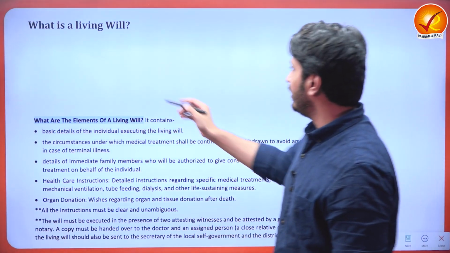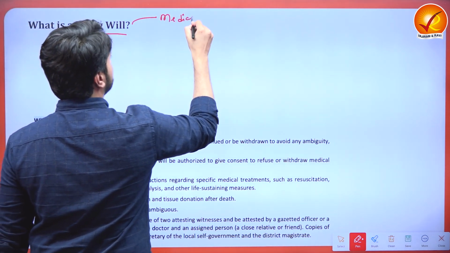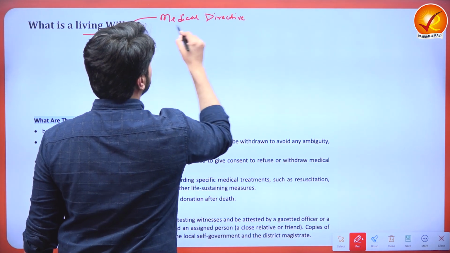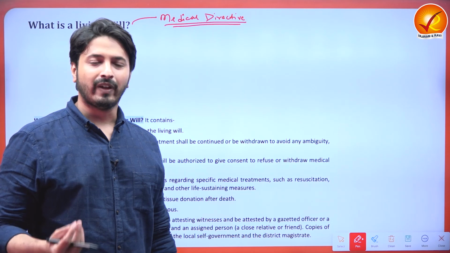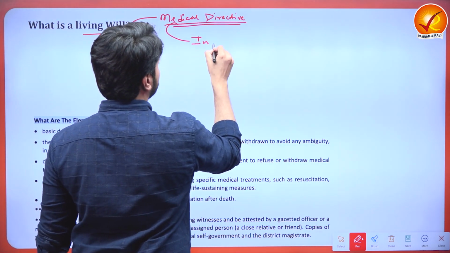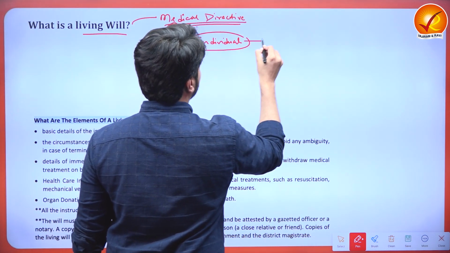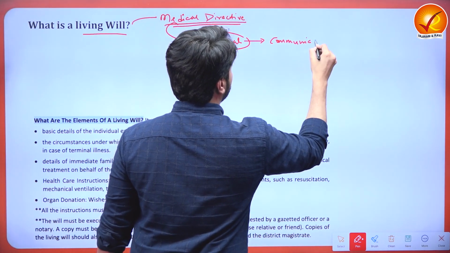So what is a living will? A living will is nothing but a medical directive, created by an individual to be followed by their close family members or medical practitioners in case that individual, because of certain illness, is not able to communicate. But communicate what?